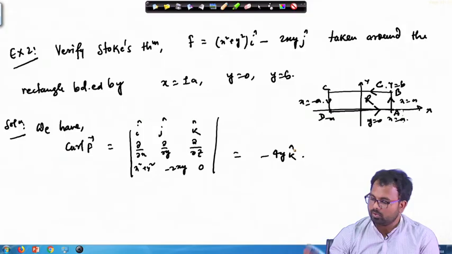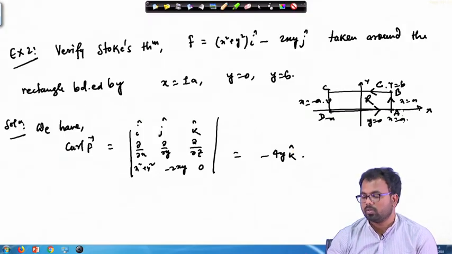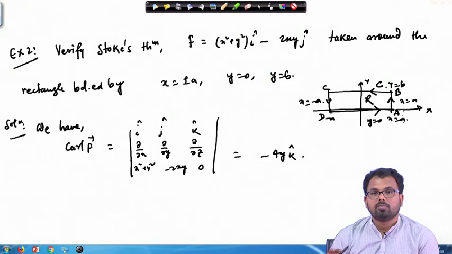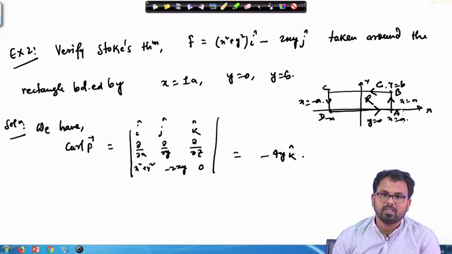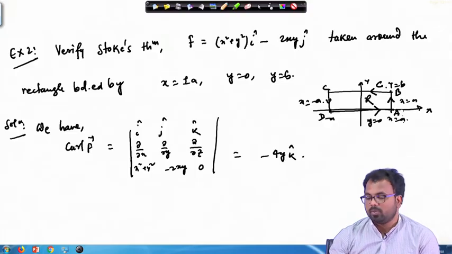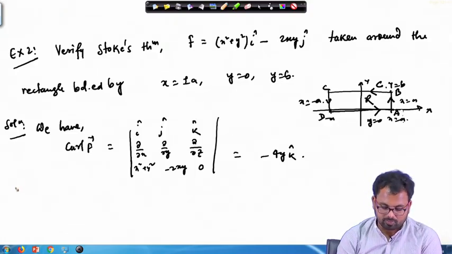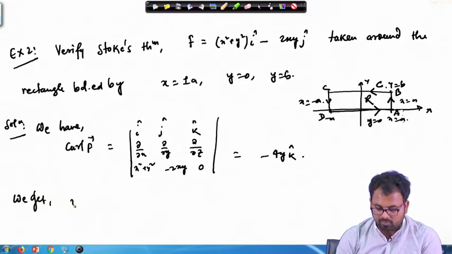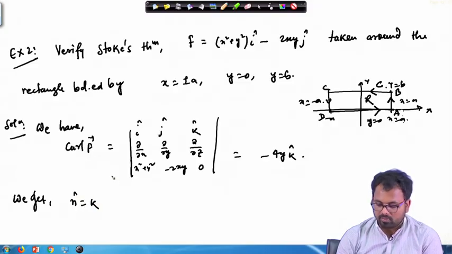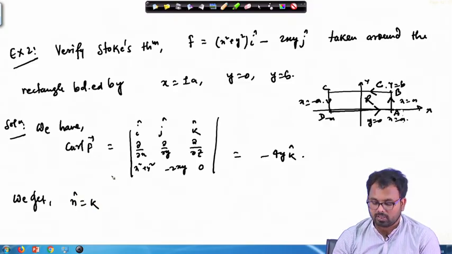Since this whole surface lies in the x y plane, an outward drawn unit normal would be n equals k, because the z axis is obviously perpendicular to the x y plane. So, we get n equals k, since the given surface is in the x y plane.